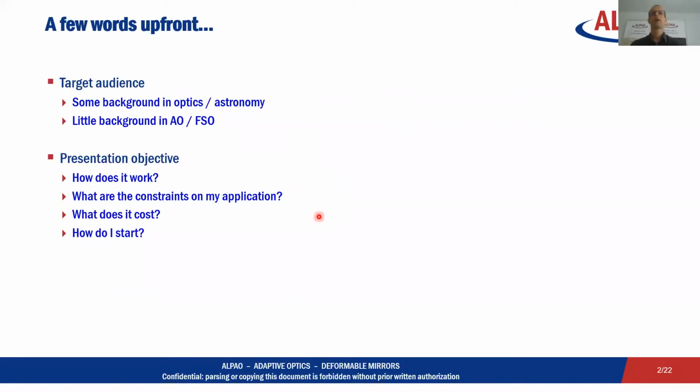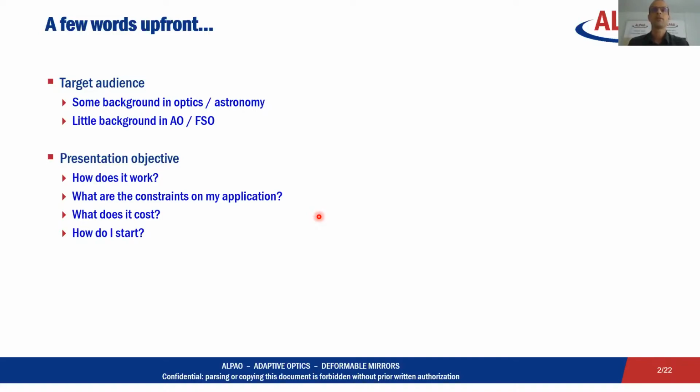Okay, a few words up front. We made this presentation for a target audience that has some background in a technical domain, ideally in optics or astronomy, and little background in adaptive optics or free space optics. The objective is to give you some insights on how FSO and AO work.